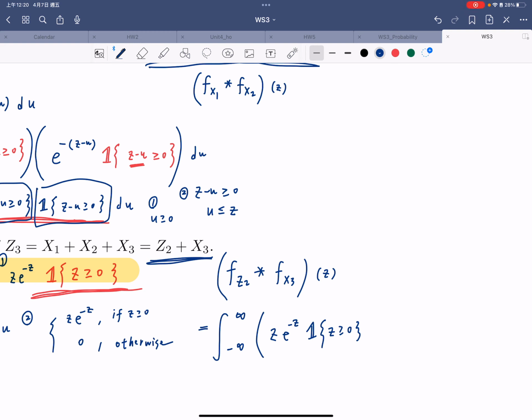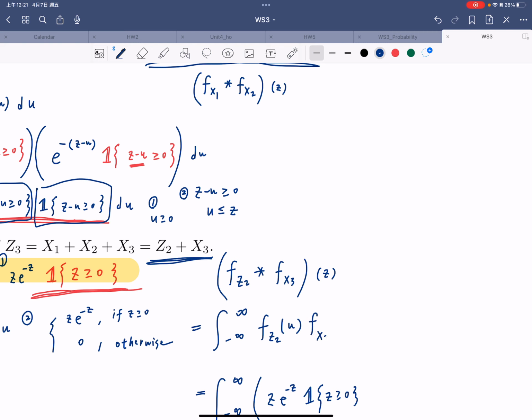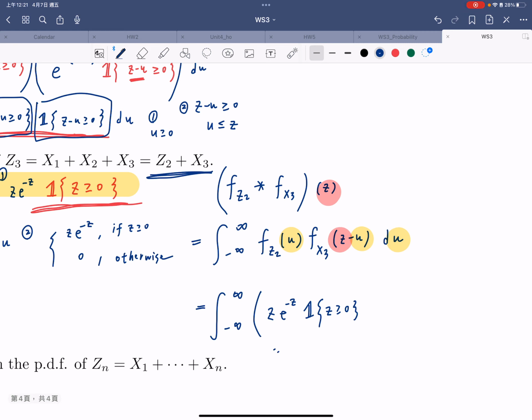Oh my god, no. So I write 2 steps. So it's f_Z2, so I call the variable I want to use u, f_X3 of z minus u, du. So be careful. So here it's not z, it's u, right?